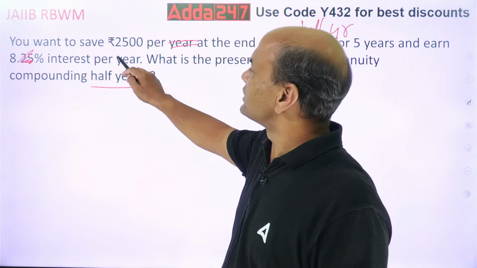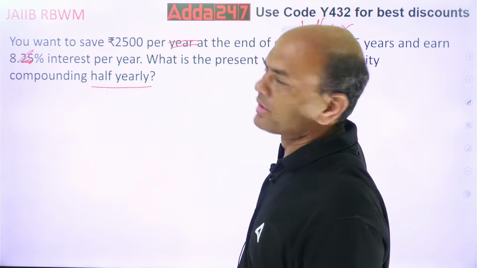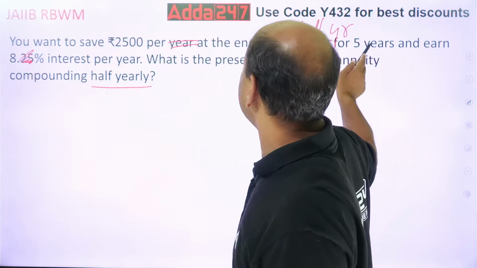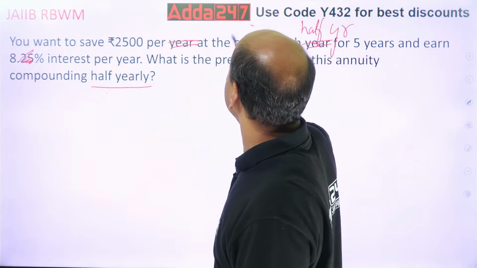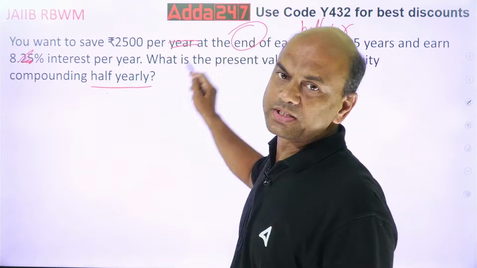So you want to save 2500 per half year for 5 years and you want it at the end. Kindly note this word. End of each half year.